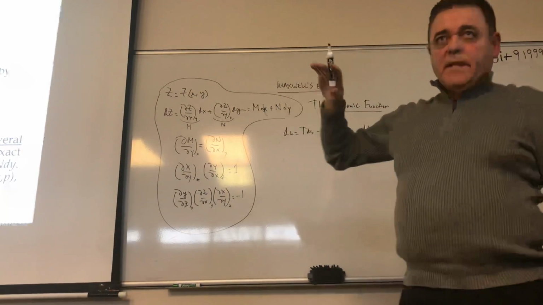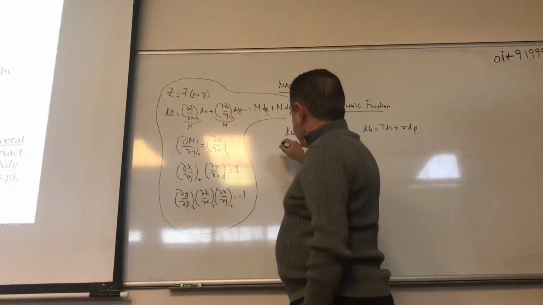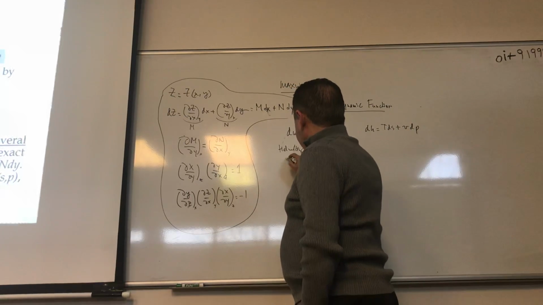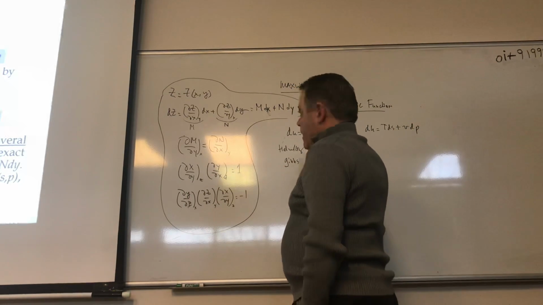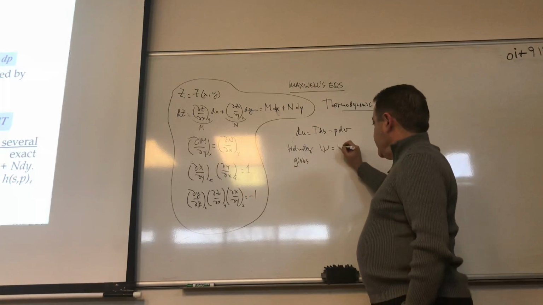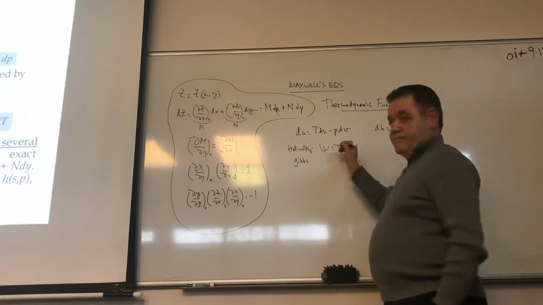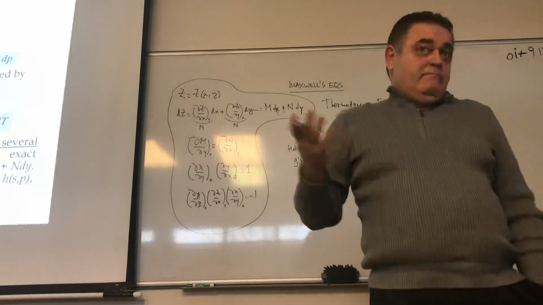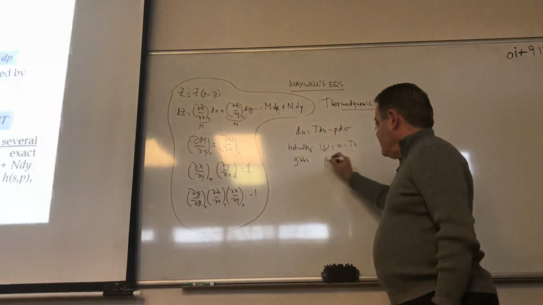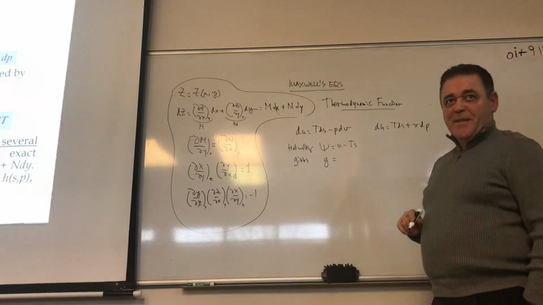Now, a couple of other scientists came in and introduced 2 additional functions. One is called the Helmholtz function, and then the other one is the Gibbs function, okay? Helmholtz has a psi function, which is nothing more than just taking internal energy, which already exists, minus Ts. It's got every right, right? And Gibbs, he says, well, I'm going to call it G because my name is Gibbs, right?